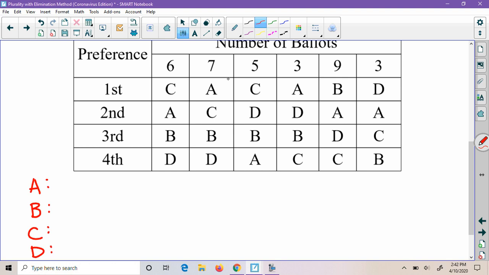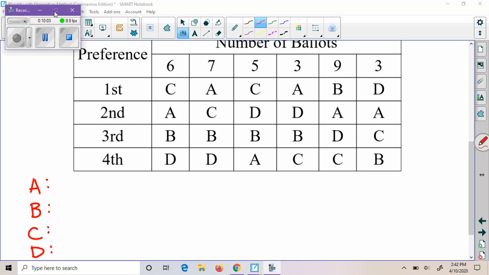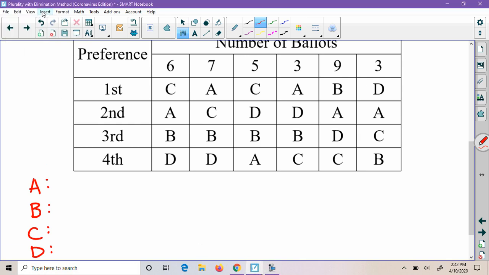Looks like Alice got 7 first place votes and 3 more over there. So she got a total of 10 first place votes. Beth, looks like Beth got 9.